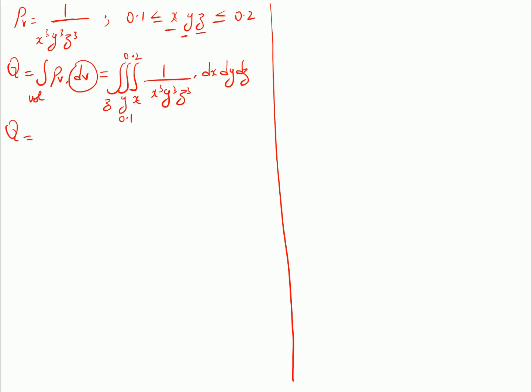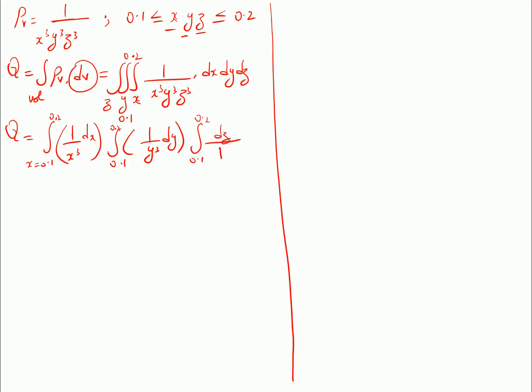If we evaluate this integral one by one, we can make pairs out of this. So I can say x is going to be from 0.1 to 0.2, 1 by x cube dx. Then I can take the second one, 1 by y cube dy. Again the limit is from 0.1 to 0.2. Similarly, I multiply with the third value, dz divided by z cube.